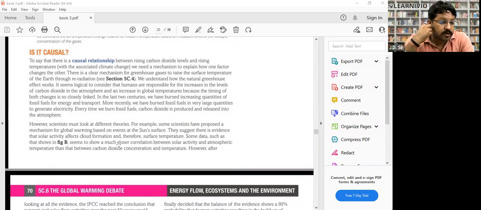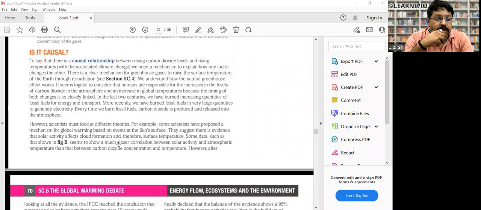So is it causal to say there is a causal relationship between the rising carbon dioxide level and rising temperature? With associated climate change, we need a mechanism to explain how one factor changes the other. There is a clear mechanism by which greenhouse gases raise the surface temperature of the earth through re-radiation.